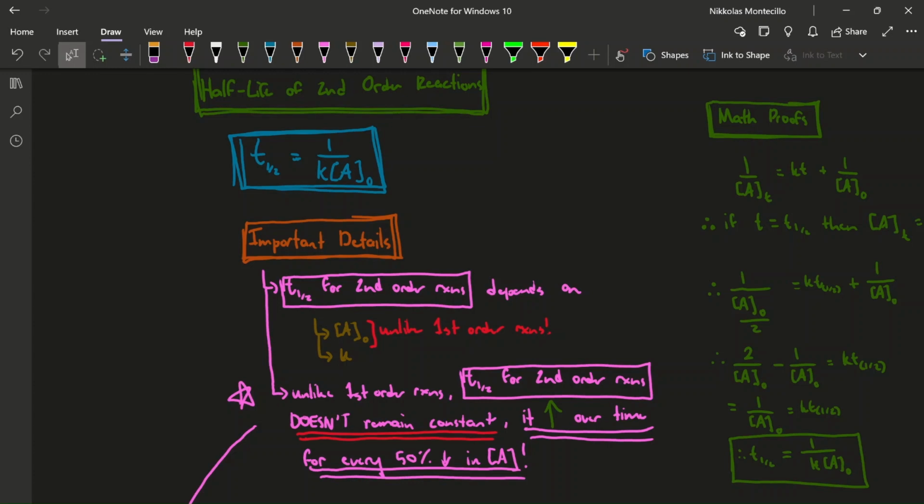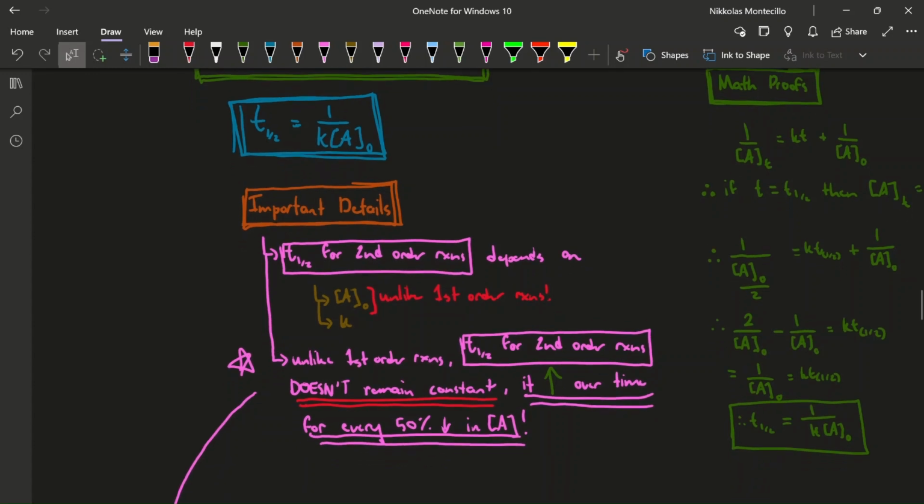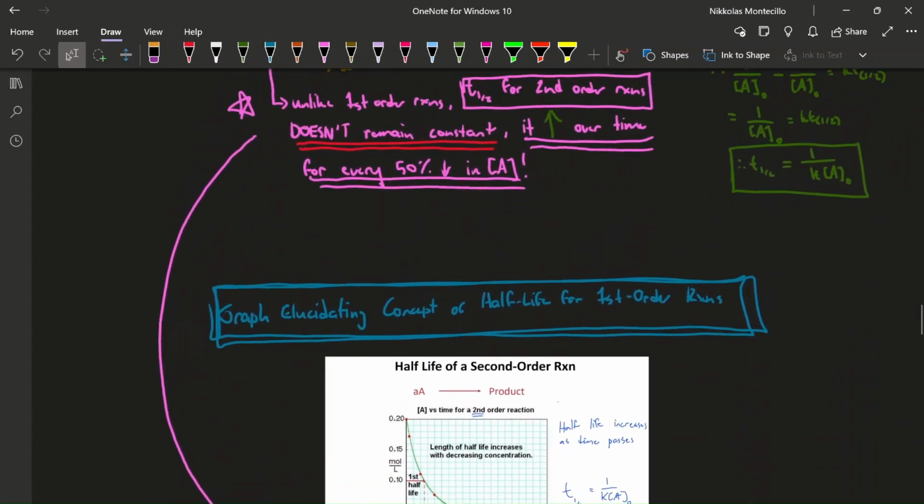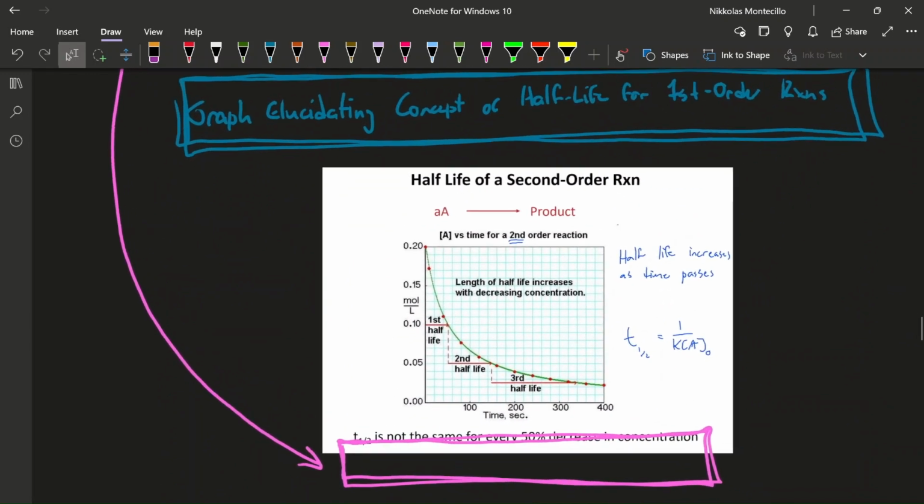For second order reactions, the half-life depends on the initial concentration this time, as well as k. And unlike first order reactions, the half-life for second order reactions does not remain constant. The half-life consistently changes, and in the case of second order reactions, it increases over time for every 50% decrease in the concentration of reactant A. Okay, so let's look at a graph that elucidates this concept.